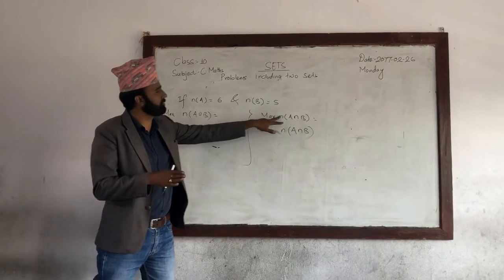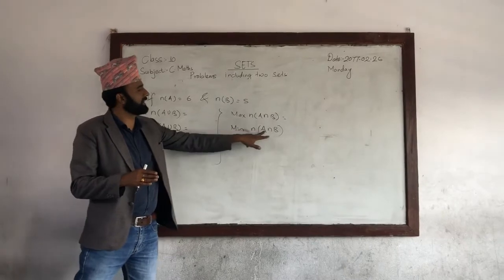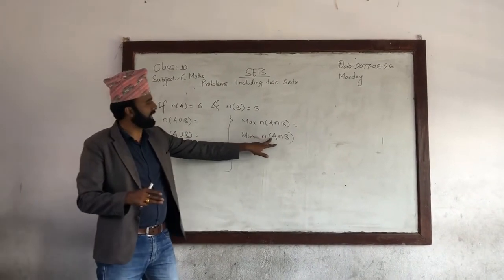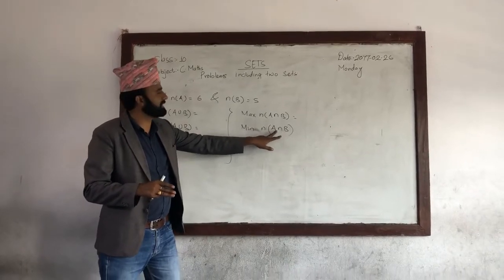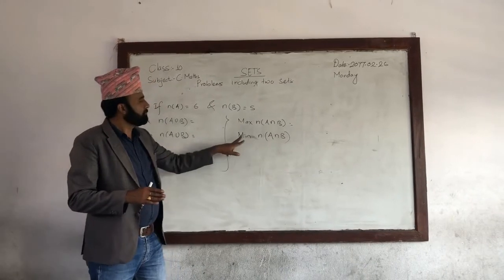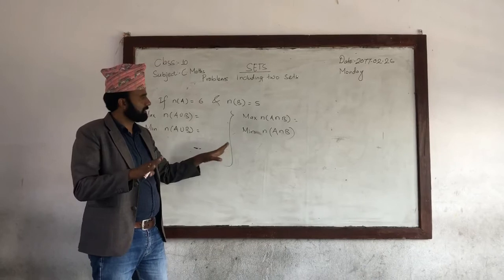Let me start from here. A intersection B means the common elements of A and B. The minimum means very less.